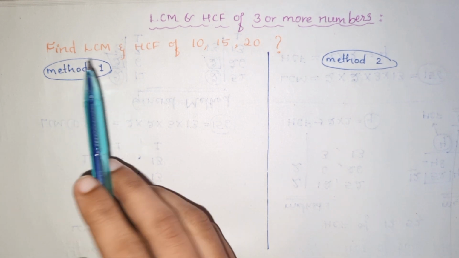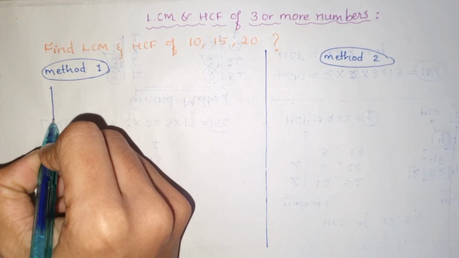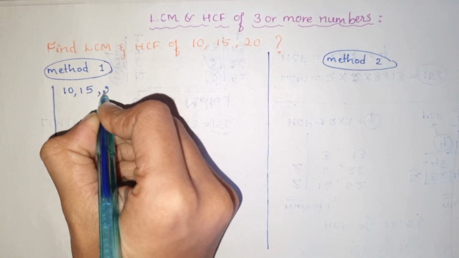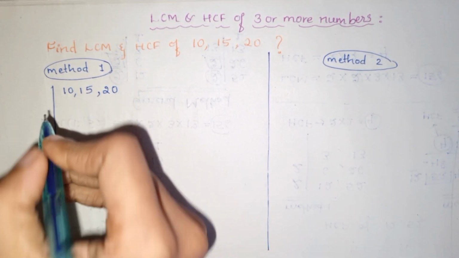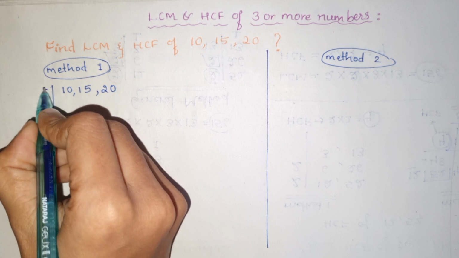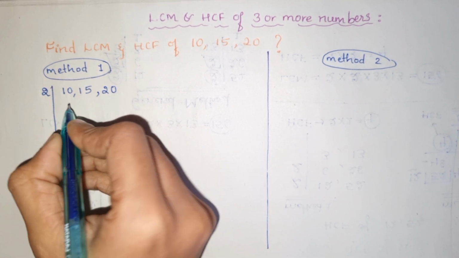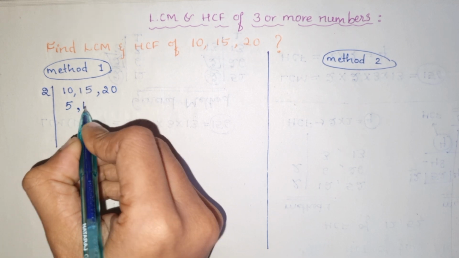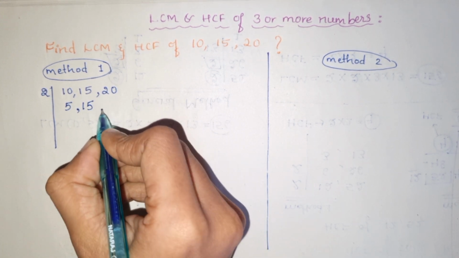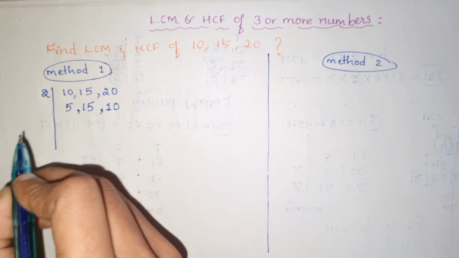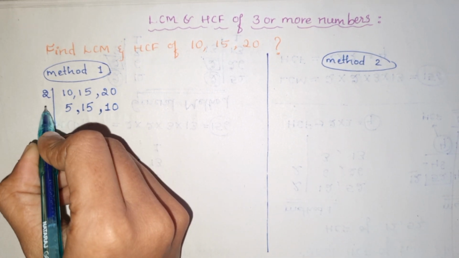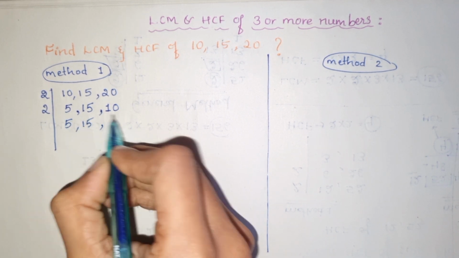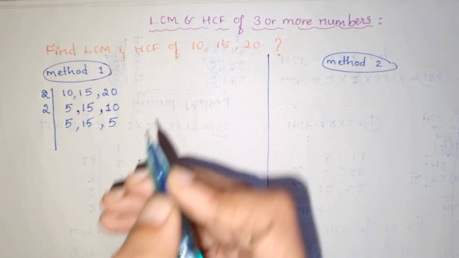The first method is we'll write all 3 numbers, 10, 15 and 20, and do the prime factorization. 2 5s are 10. 15 is not possible, so if it is not possible, we'll write the number as it is. 2 10s are 20. Further, again you need to use 2. 5 as it is, 15 as it is, 2 5s are 10.